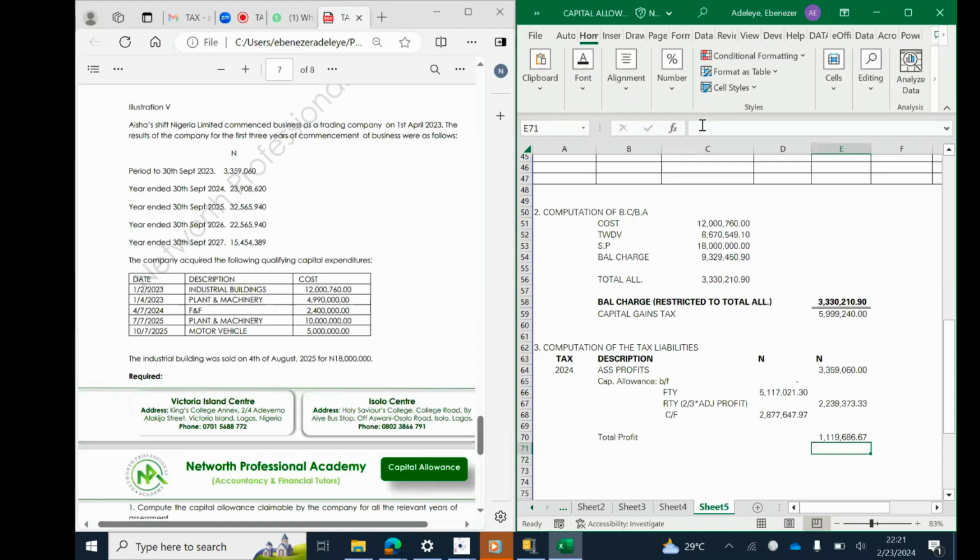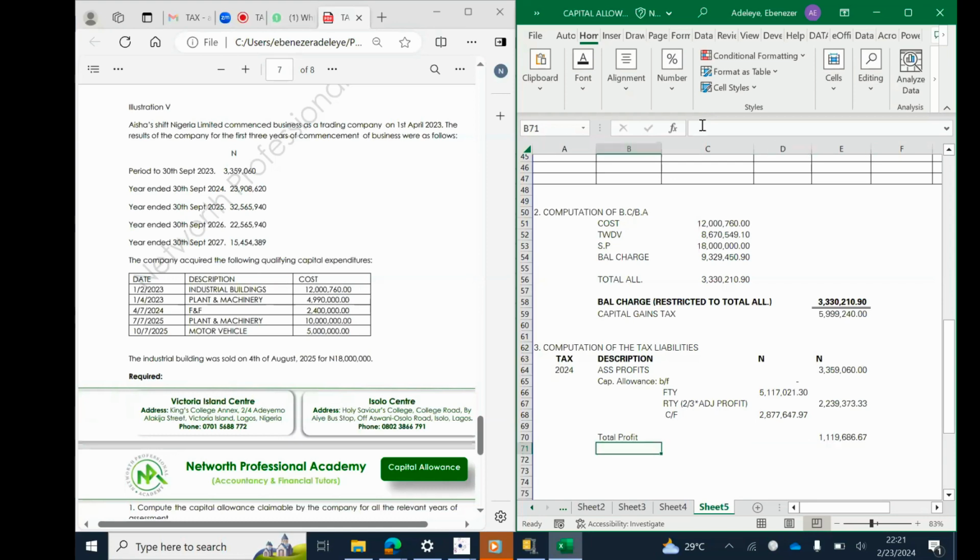But please listen to me very well. We are still going to discuss it under CIT, but in a case where the question is silent on the amount of revenue, like in this case, please use 30% as your tax rate. Am I making sense? Please use 30% as your tax rate.